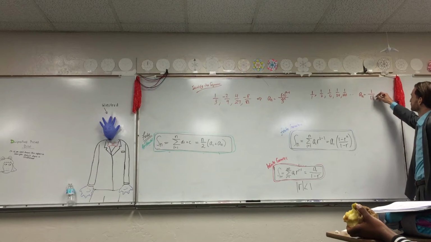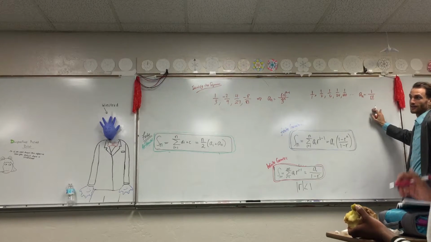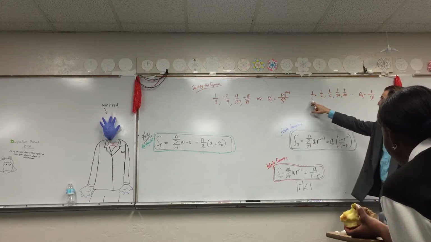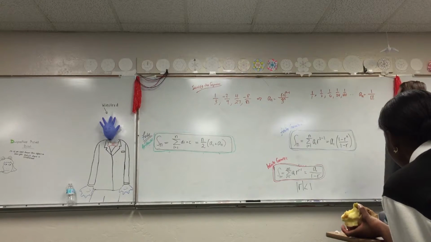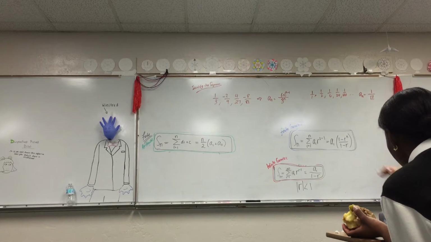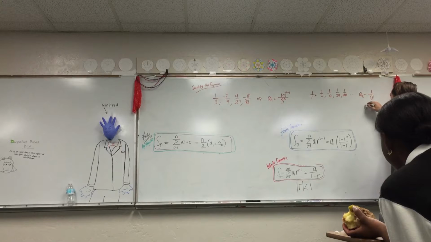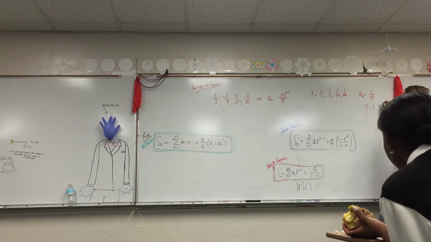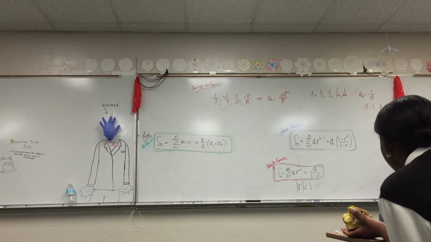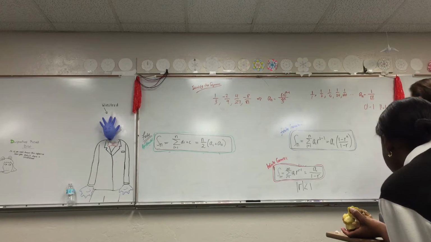So n factorial, right? 1 factorial is 1, 2 factorial is 2, 3 factorial is 6, 4 factorial is 24. You guys just got to be able to recognize that. That's why I wanted to bring that up. For the record, what's 0 factorial? 1. Good job. And 1 factorial is obviously 1 as well.